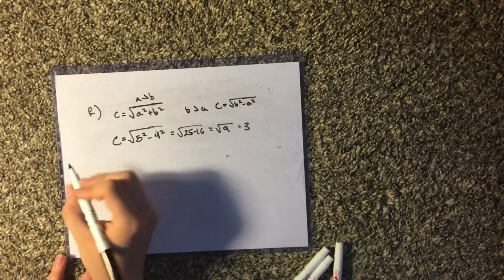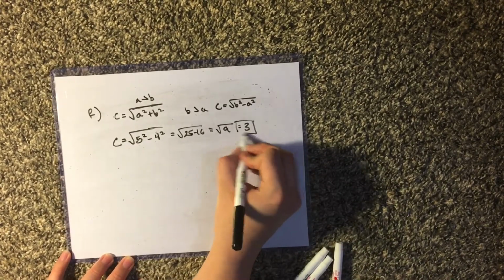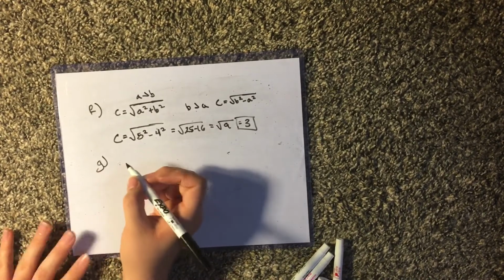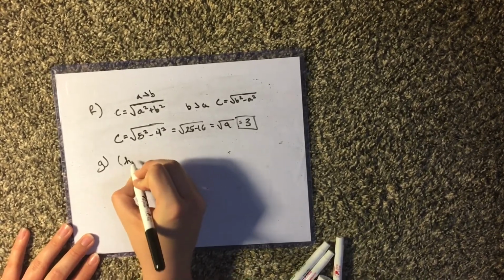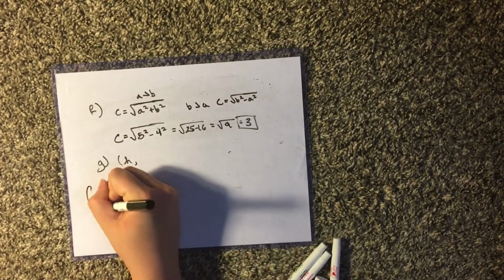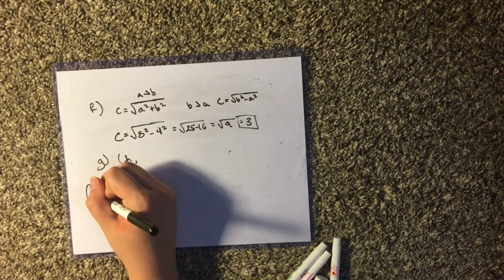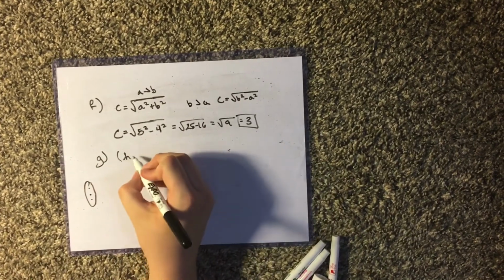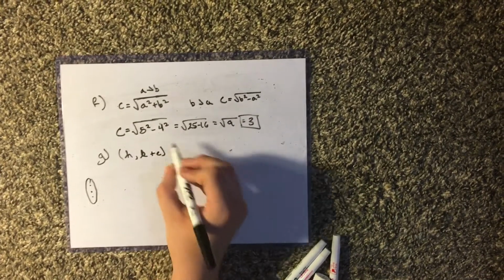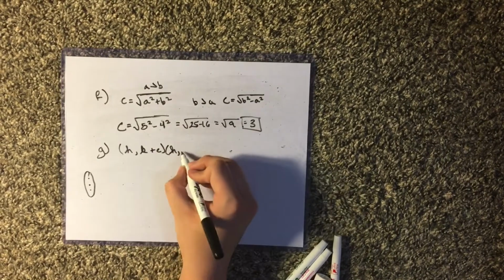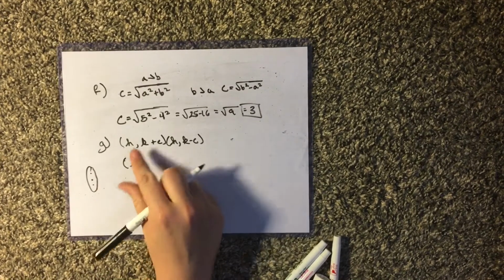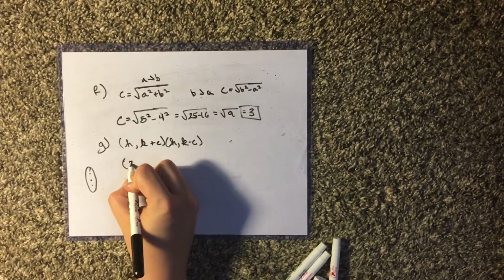Perfect. And we found C, so we can go straight into G, which is finding the foci, which is going to be H. Since it's vertical, again, they're going to be in these areas, so it's going to be K plus C, H, K minus C. So we know that H is 3.